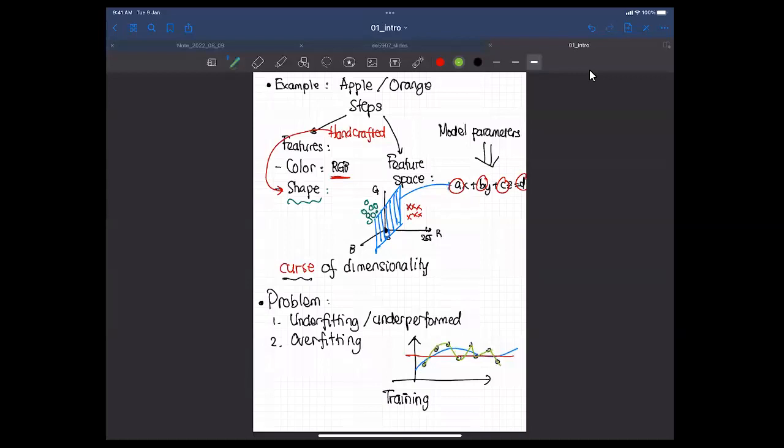So what is overfitting? Overfitting is that during this stage, when you work on the exercises, you do very, very well. But then in the final exam, your performance doesn't hold up. Why is that? What is the problem with overfitting? You memorize.